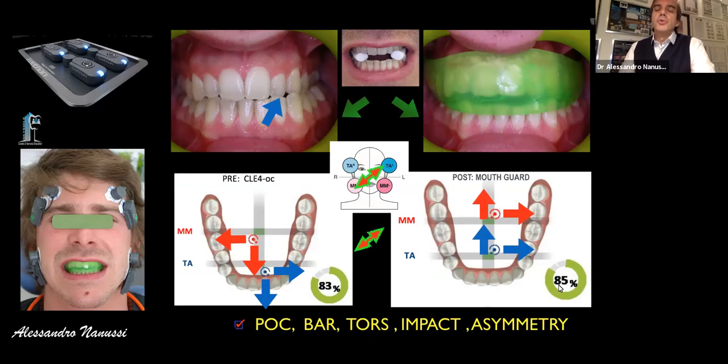The load is posterior, more in the center of the mouth. So I think this is better. It's not perfect, but I'm sure, for example, that posterior load can protect the TMJ of the patient better. I need to balance this splint again.